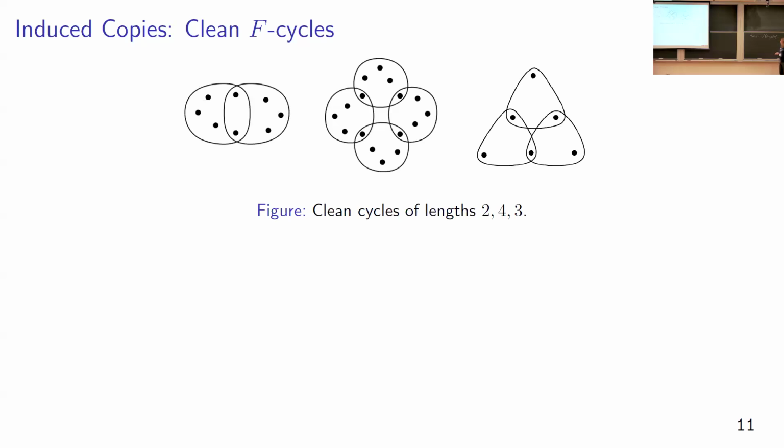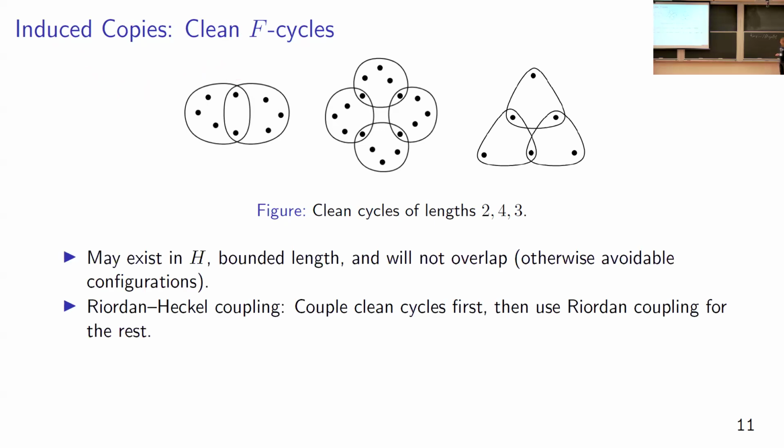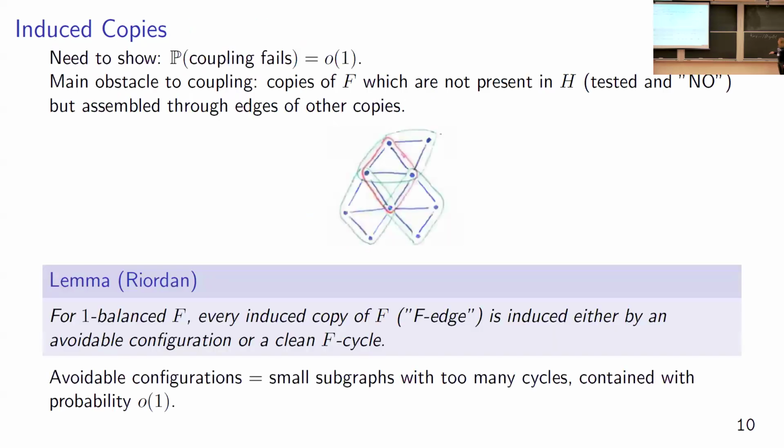Okay, so the problem is these induced copies kind of ruin the coupling. So indeed, what Riordan did, and this is what I said earlier with the nice graphs, he restricted his attention to a class of graphs where he could assure that this second part just doesn't happen.